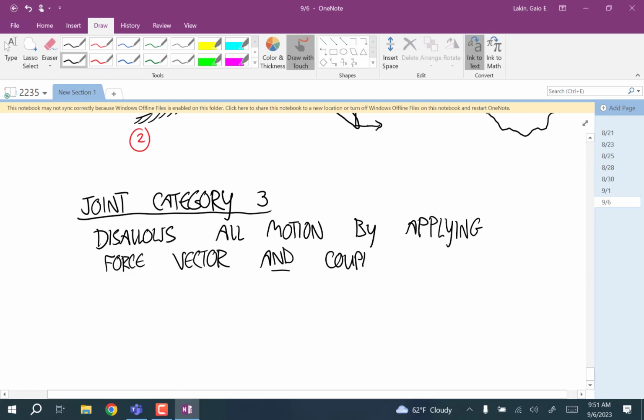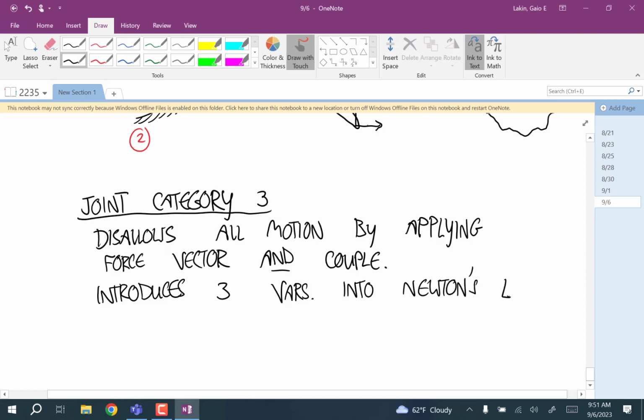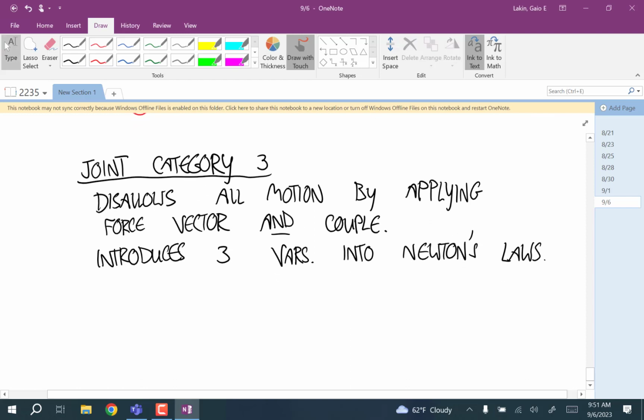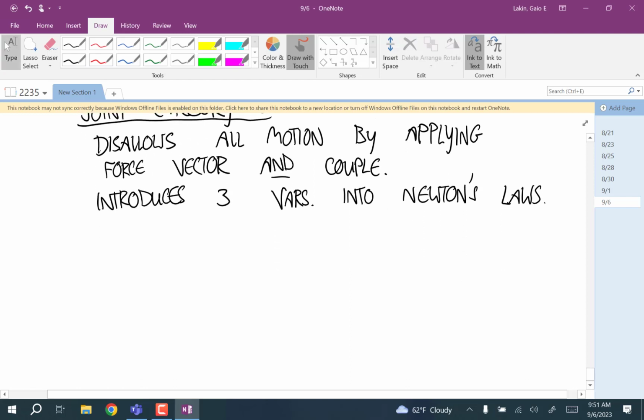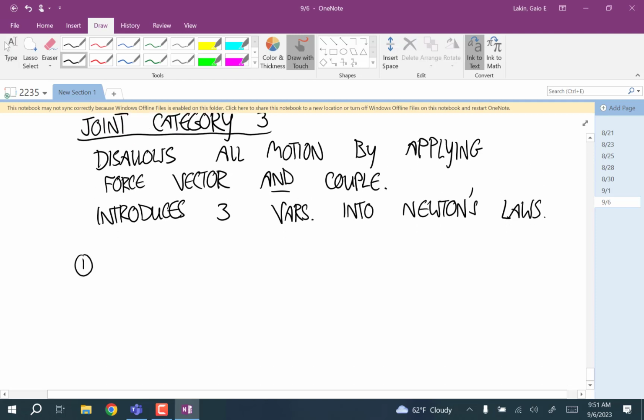And that introduces 3 variables into Newton's laws. There's only one of these. It's called a fixed or a weld joint.